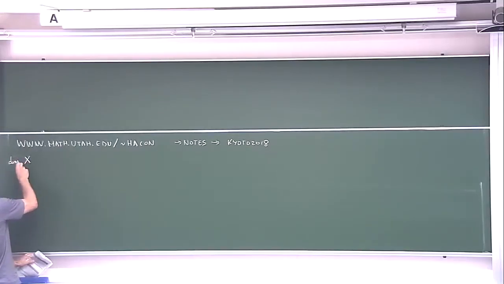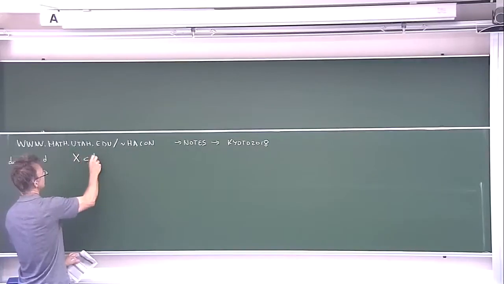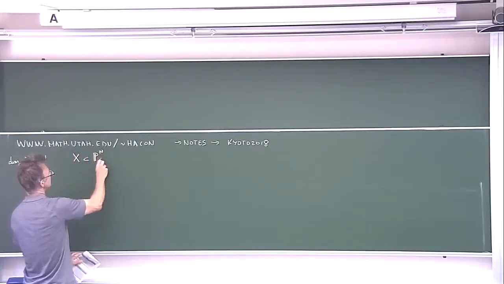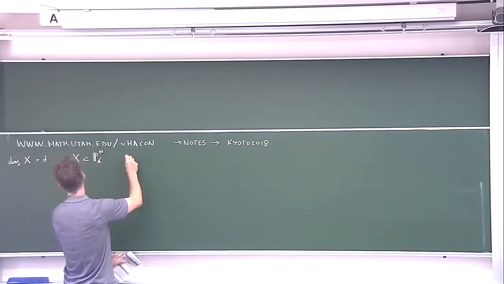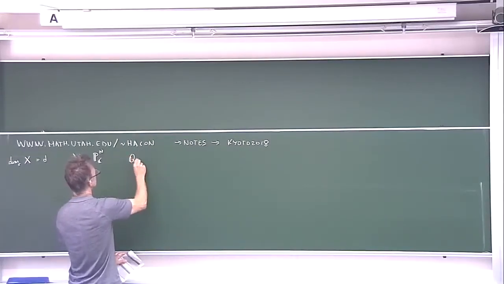I will assume that the dimension of X is, say, D. As I said, X is going to be complex projective, and I'm going to assume that it's normal and Q-factorial.